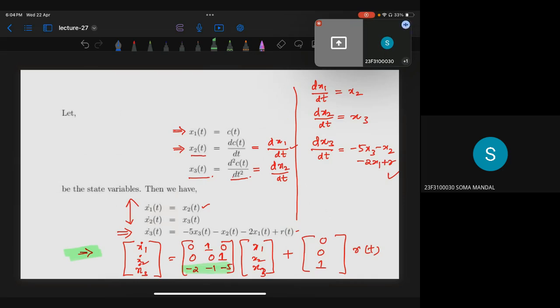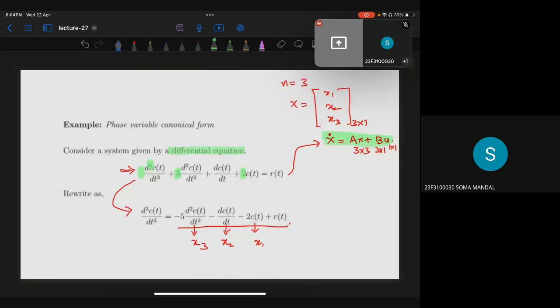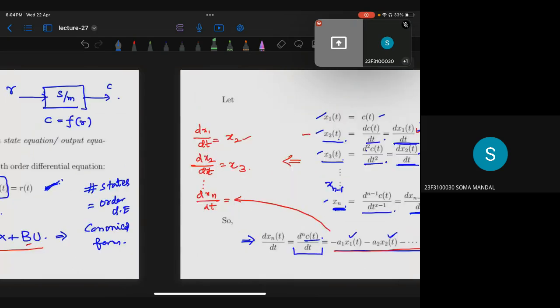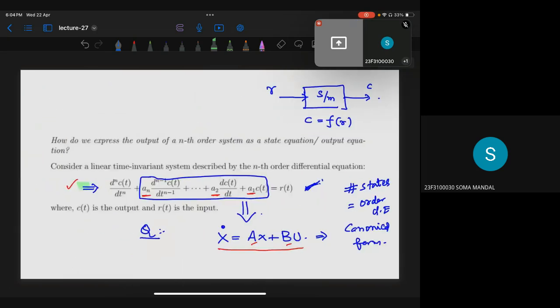Another simple example is, suppose in general the differential equation C is equal to F of R. In general, this will be like a differential equation. What do you see here?